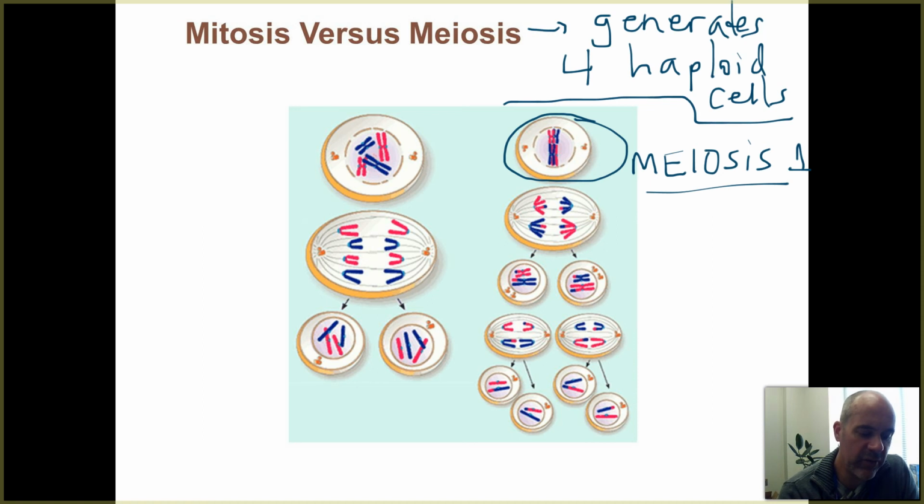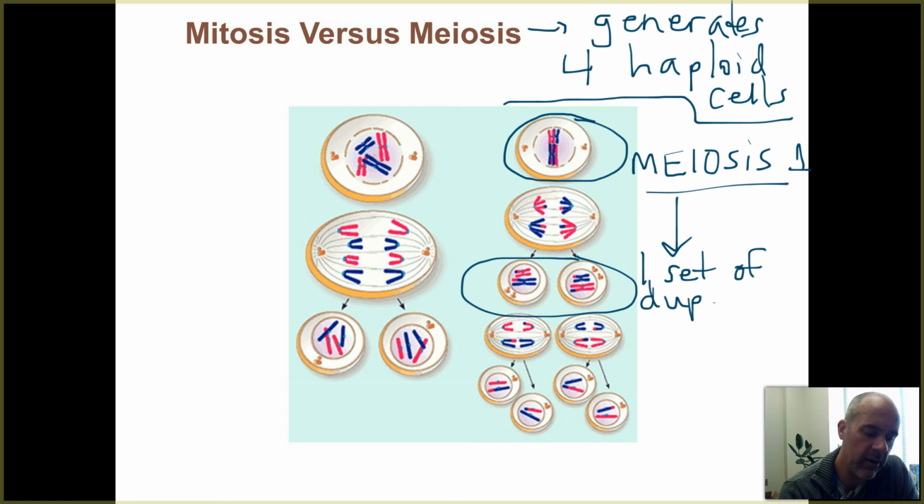And then in meiosis 1, only one duplicated chromosome of each pair ends up in the first set of daughter cells. So these are your 2 daughter cells that you end up with after meiosis 1. Okay, and you have one set of duplicated chromosomes after the end of meiosis 1, if you look at that carefully.